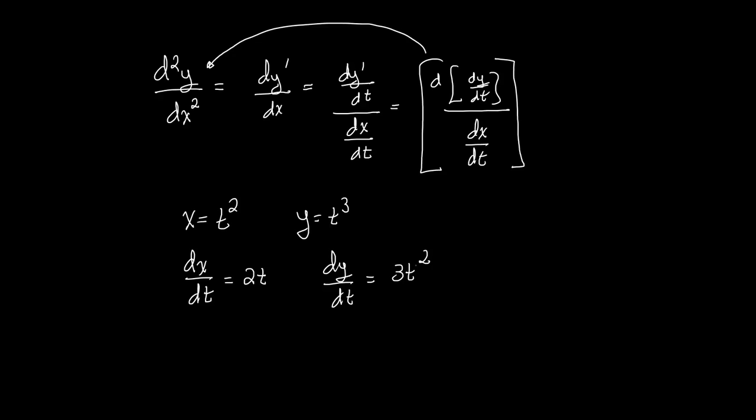So the question is how do we find this portion. When I found dy over dx, this gave me 3t squared over 2t, which is 3t over 2.